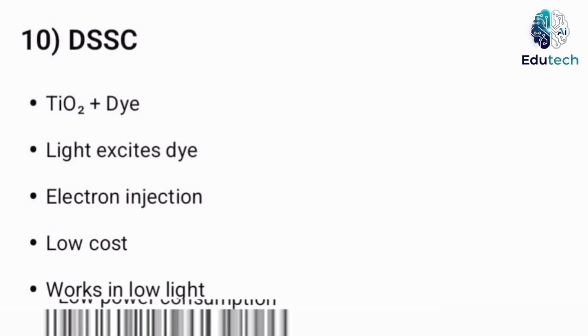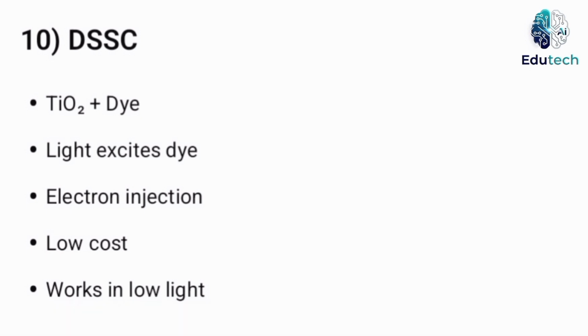When sunlight falls on the dye, electrons get excited and are injected into the conduction band of TiO2. These electrons move through the external circuit producing current. The electrolyte regenerates the dye molecules, completing the cycle. DSSCs are inexpensive, easy to fabricate, and work efficiently even in low light conditions.